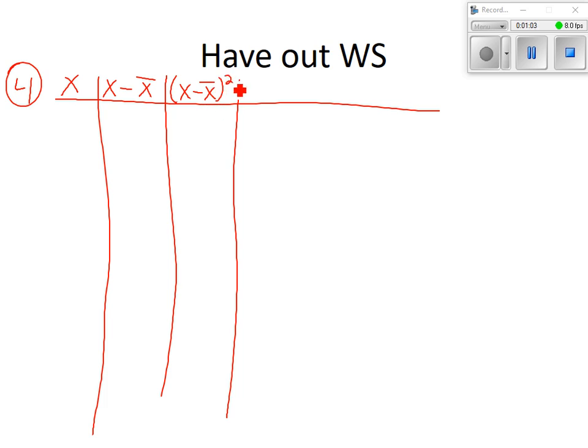So we've got to find each one of these. Let's see if we do number 4. There's 1, 2, 3, 4, 5, 6, 7, 8, 9, 10, 11, 12, 15 of them. Is that right? Yeah, 15.